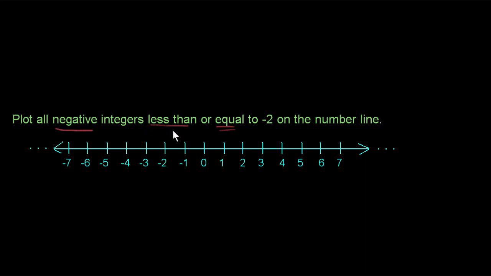Those are the ones with negative signs that are to the left of -2. So there's -3, that's to the left of -2, -4, -5, -6, -7, and once again this pattern continues, so we put 3 dots there. But it also says equal to, so we have to also plot the point -2.